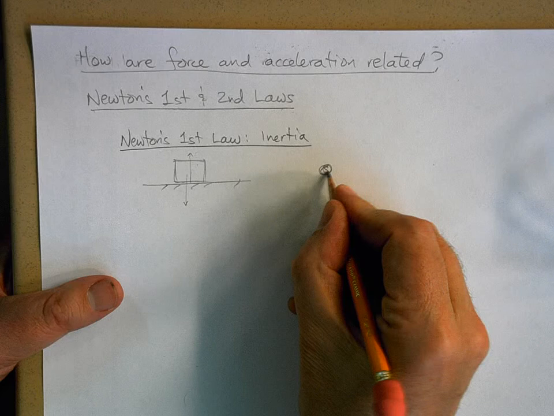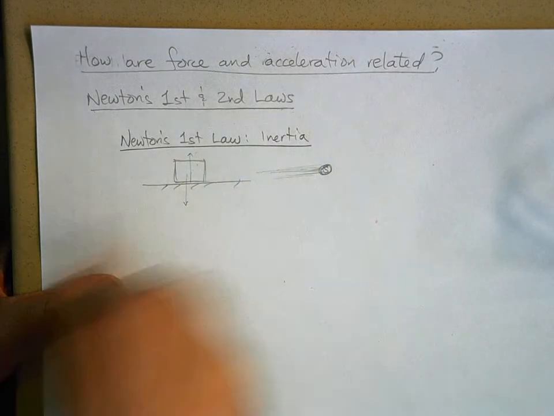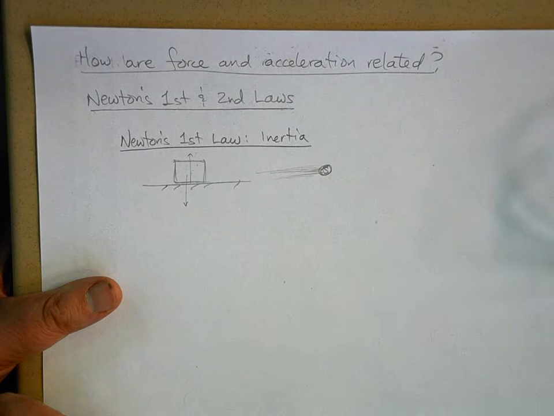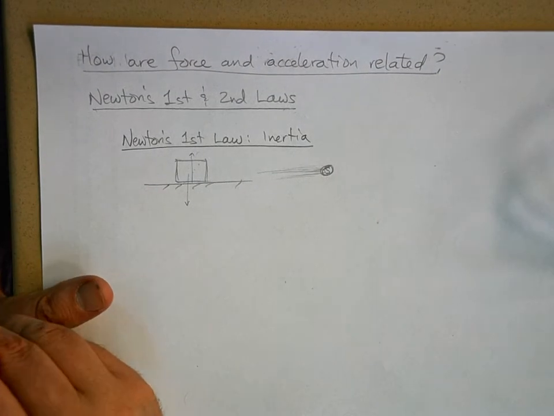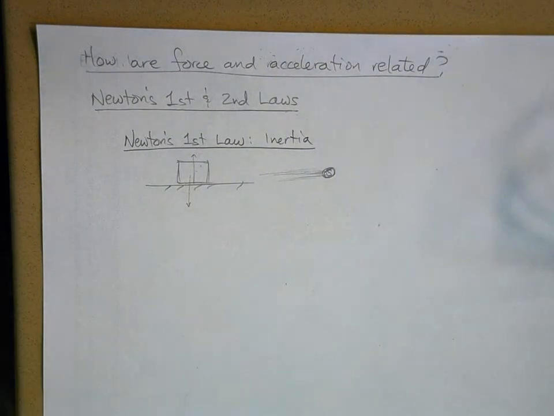So here's the baseball, and it's moving through space. Well, guess what it's going to do? Now, if I took a baseball and threw it in this room, it would hit the floor, a wall, a chair, or whatever, and it would rub against things and make noise, and eventually it would come to rest.